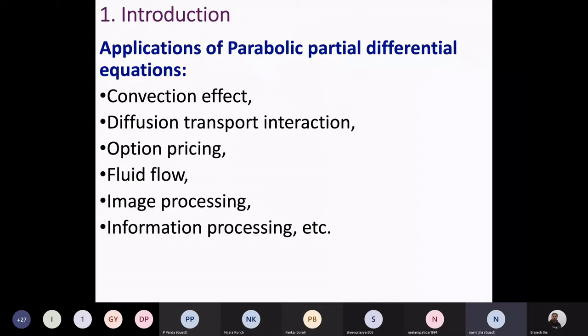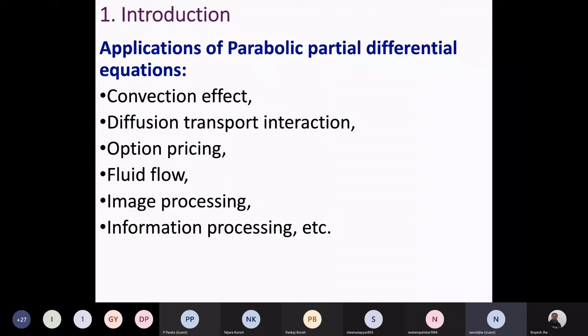For example, convection effect, diffusion transport interaction, option pricing, fluid flow, image processing, information processing, and many more.